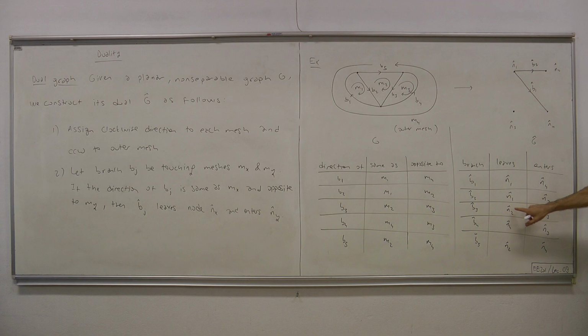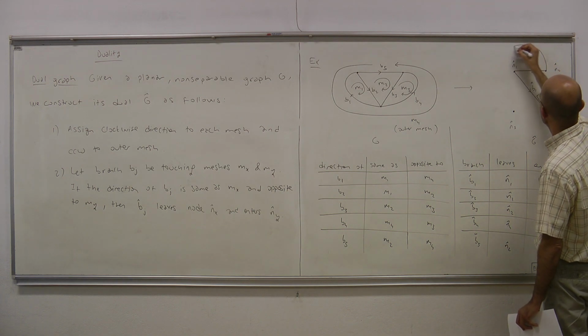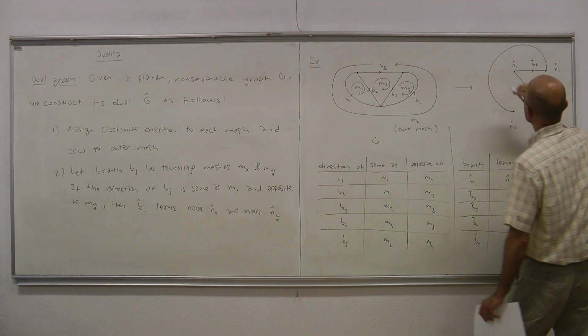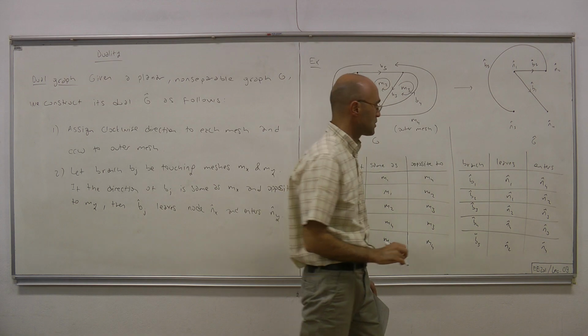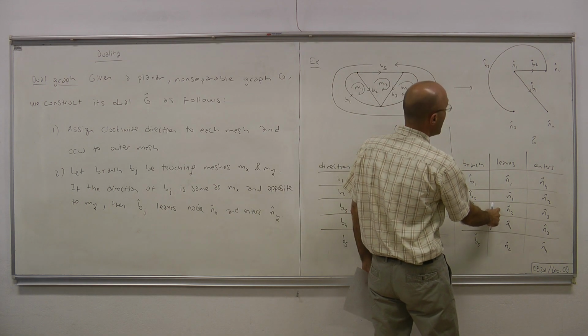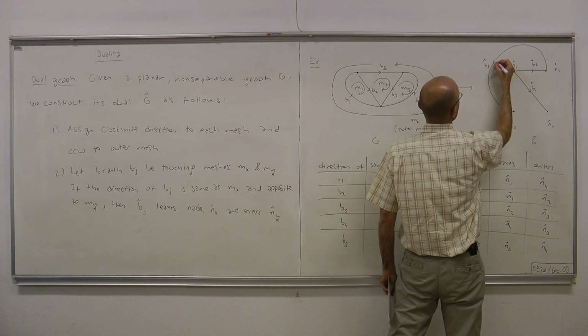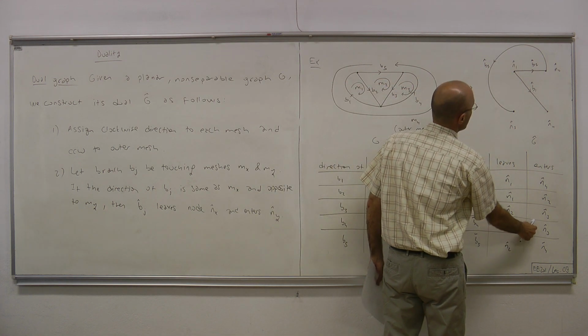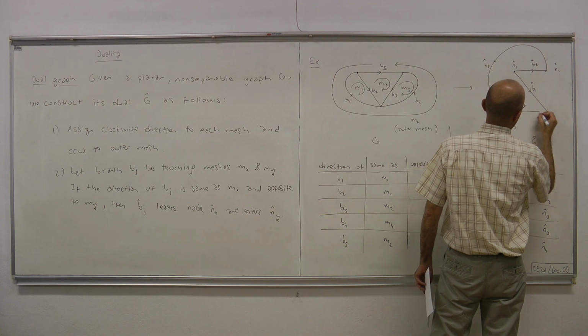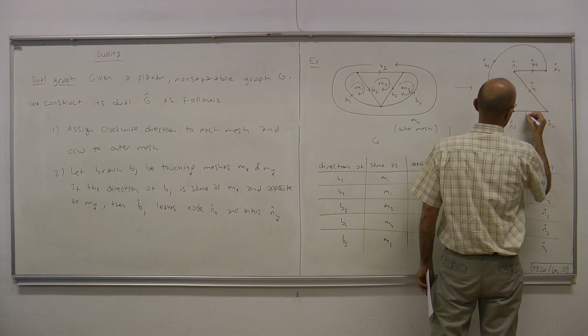B3 is between N2 and N3. Okay. So here we have B3 hat. How about its direction? It leaves N2 and enters N3. Therefore, its direction is that. B4 is between N4 and N3. Here we have B4 hat.